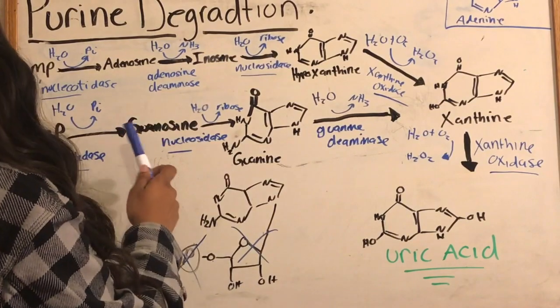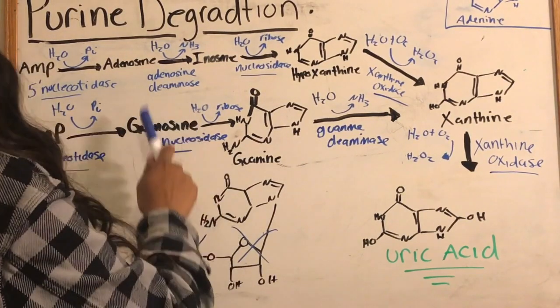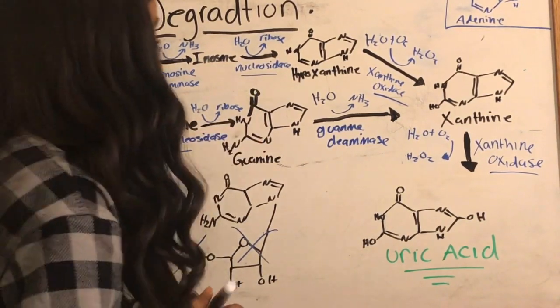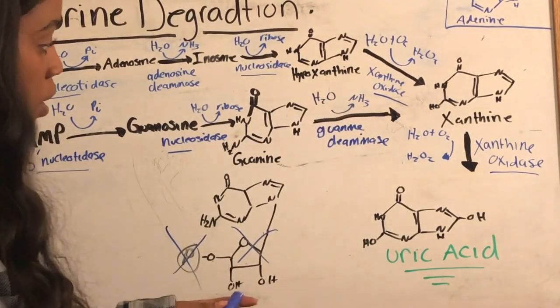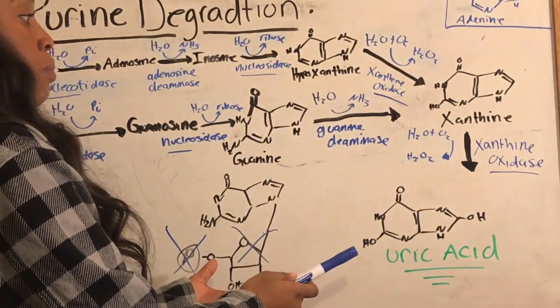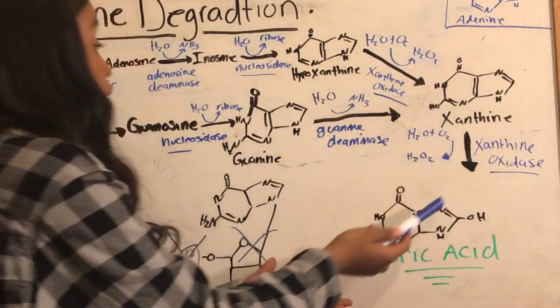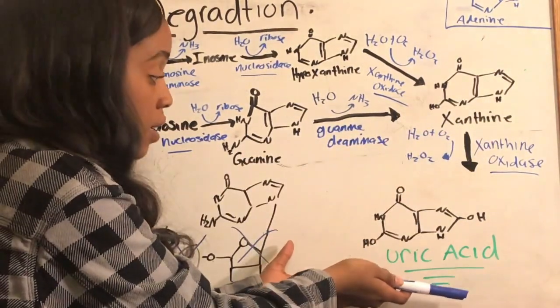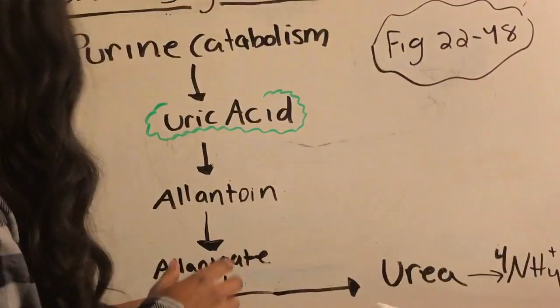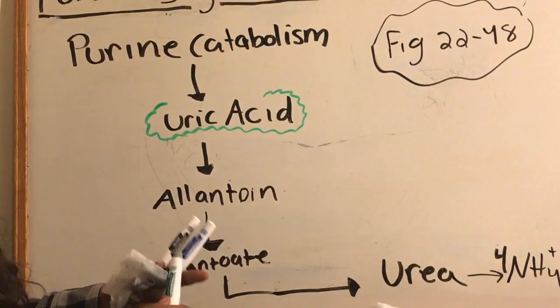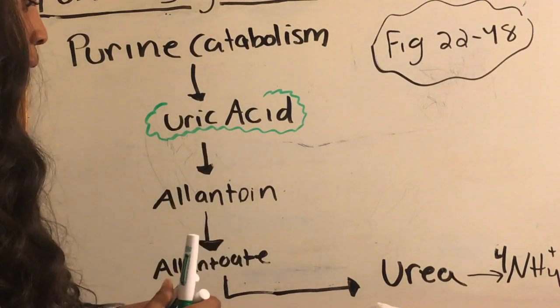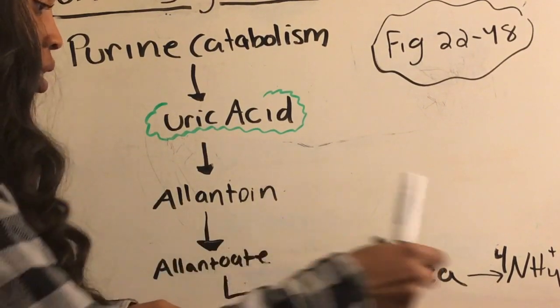With AMP, you deaminate first and then remove the sugar, because of the structure of both of these nucleotides. But the end product is the same. We get xanthine, then we oxidize, and we end up with uric acid. So we just learned how our body is able to produce uric acid by processing purines.